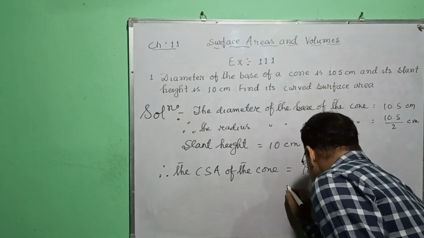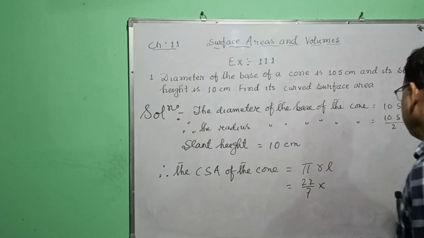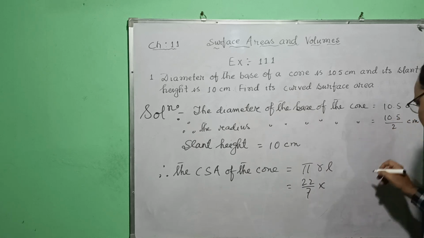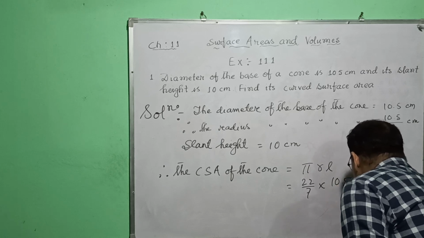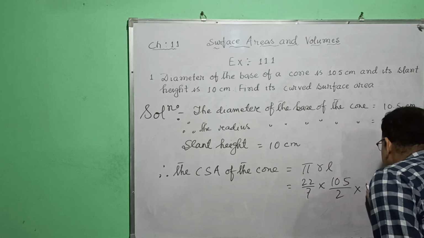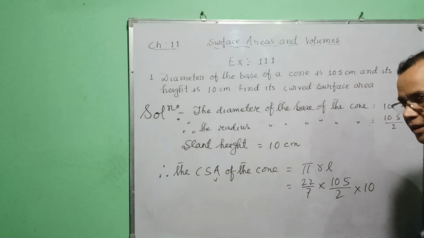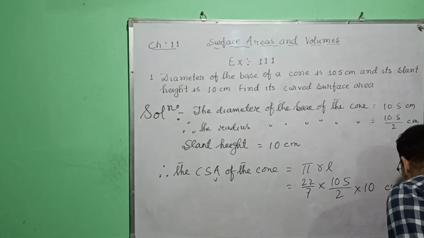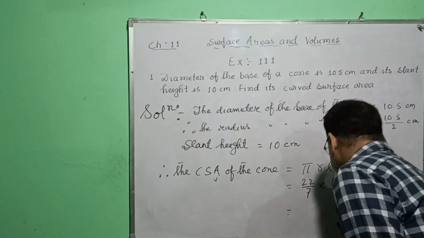So just to replace the value pi as 22/7 and R equal to 10.5/2. So we can write here 10.5/2 into L. So L is 10. As it is surface area, so we'll write centimeter square equal.